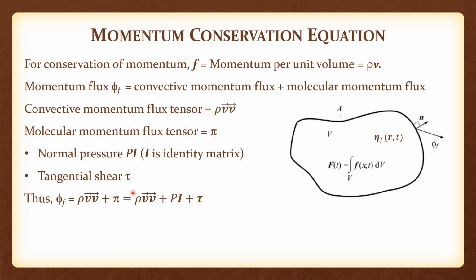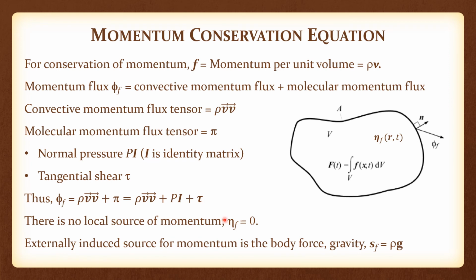There are three components: one being the convective momentum flux, one due to pressure, one due to shear, right? There is no local source or sink of momentum. There is no reaction or some kind of quantity that can suddenly generate momentum from within. There is an externally induced source of momentum, which is due to the body force, for example, gravity.